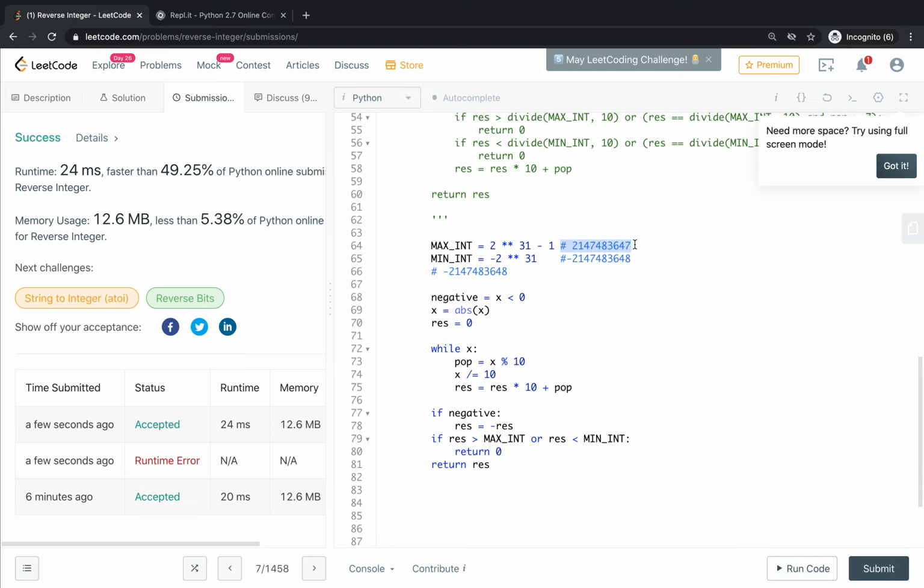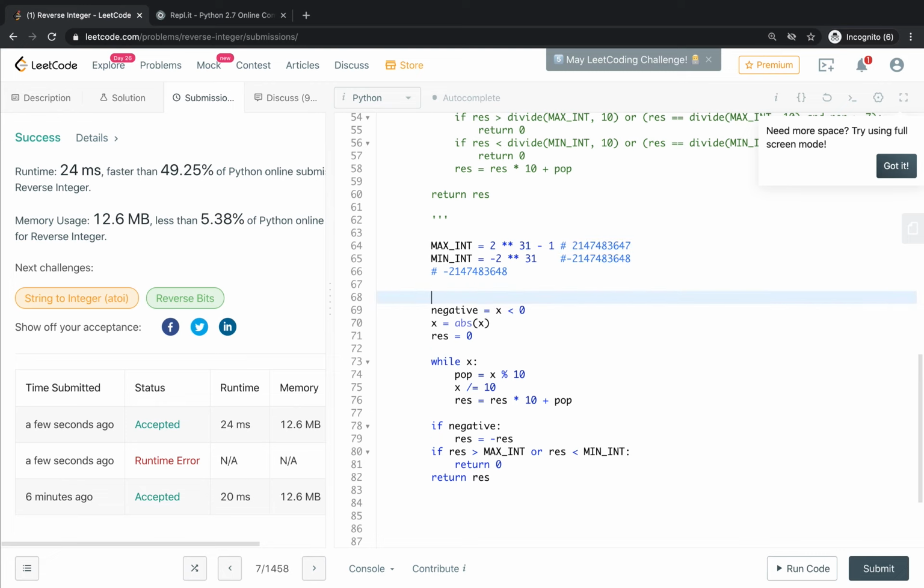And then let's say we use this input of the most positive number. We're not worrying about the absolute value. What would happen is we would go through the loop, and this would just be reversed to like 7, 4, 6, whatever. It's going to be some big number, and then it would overflow, and we would catch it here, and we would return 0 in our interpreter.